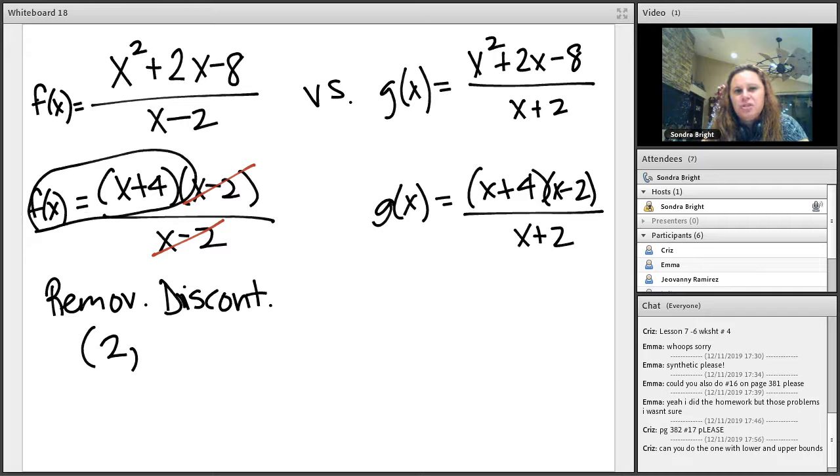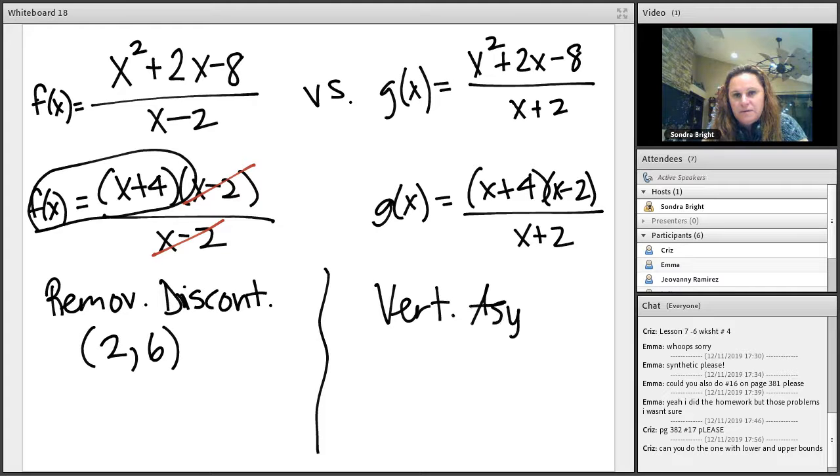If you plug a 2 in there, you'd have 2 plus 4, so 6. So you have the removable discontinuity at 2, 6, that open dot, versus g of x, where none of the factors canceled. And so this one is going to have a vertical asymptote at x equals negative 2.